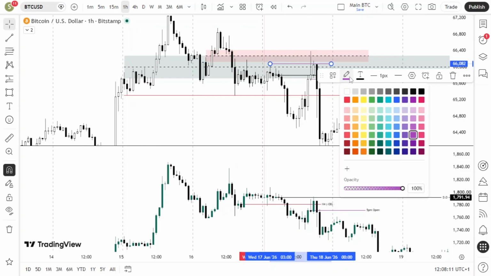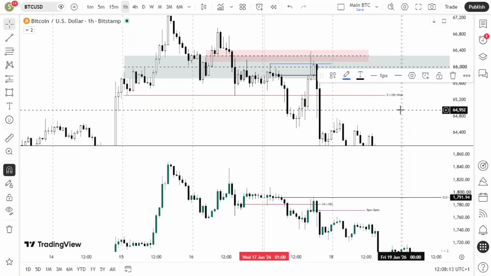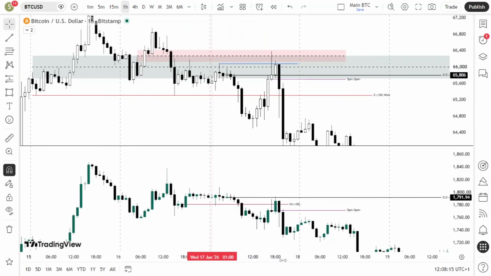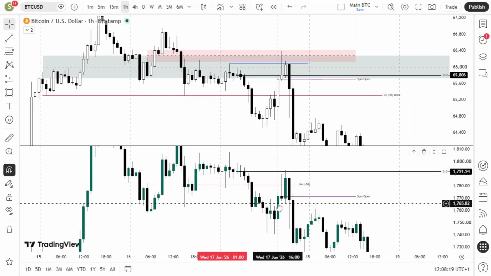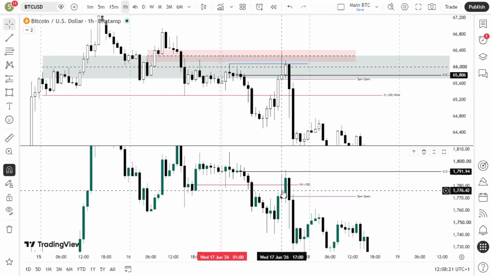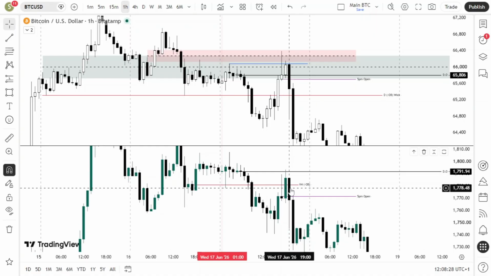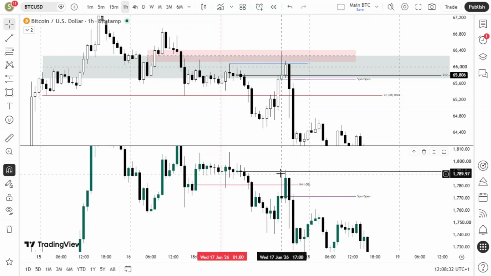Now this is a weak rejection SMT if we want to be more precise. Let's make it clearer now. So our 1 hour bearish SMT, weak rejection SMT over here by 5 p.m. Then we get a 1 hour bearish order block, and this is also a bearish order block inside of a weak rejection.